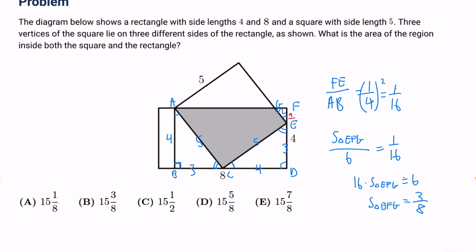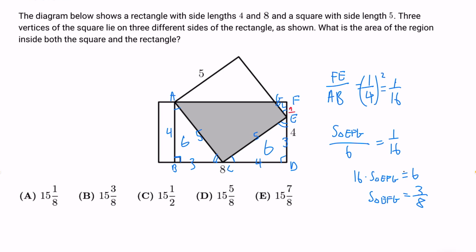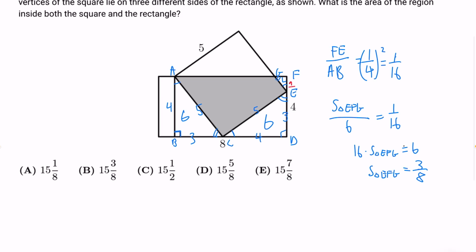And then like I just said, the area of triangle ABC and CDE would be 6. Okay, so now that we know the areas of the triangles, we can figure out the area of the whole rectangle, ABDF.